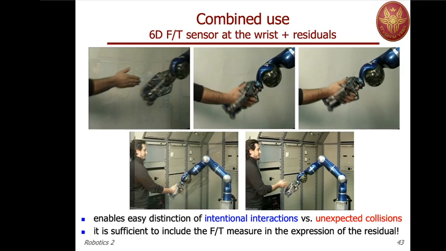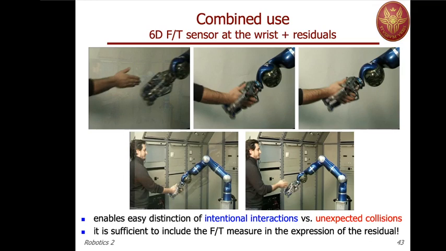In particular, it's very interesting to distinguish intentional interaction, which may be associated with an obvious contact between the human and the robot, for instance shaking hands here, from unexpected collision. The intentional interaction should be treated in a collaborative way, okay? While for unexpected collision, we should react completely, like we have done so far.